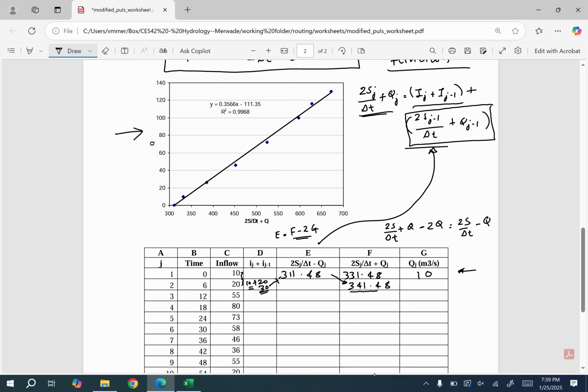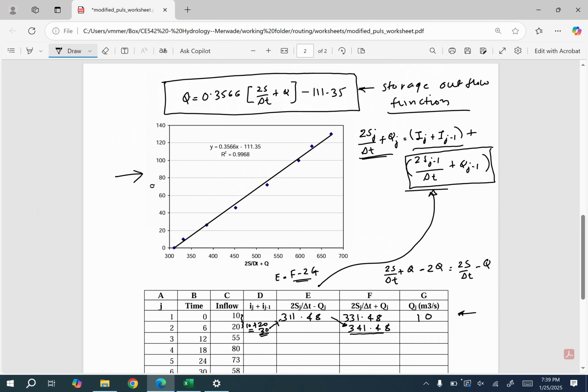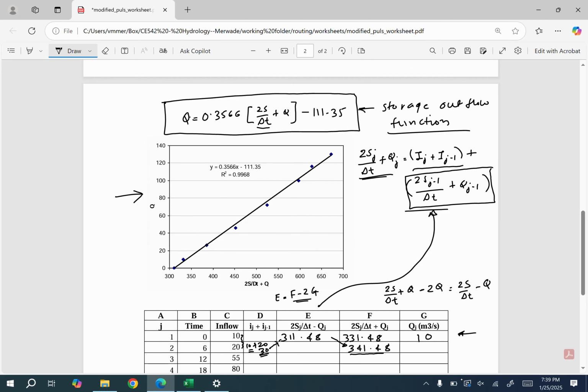Once we have 341.48, we are going to use that value here.